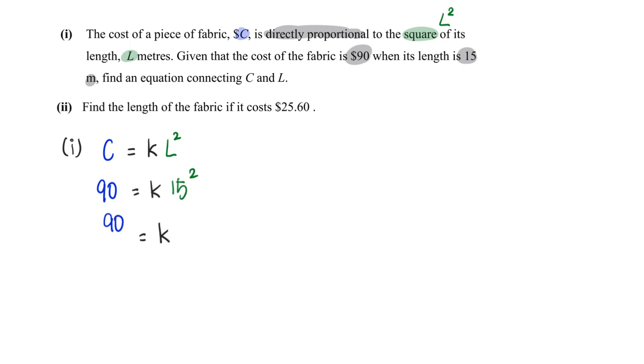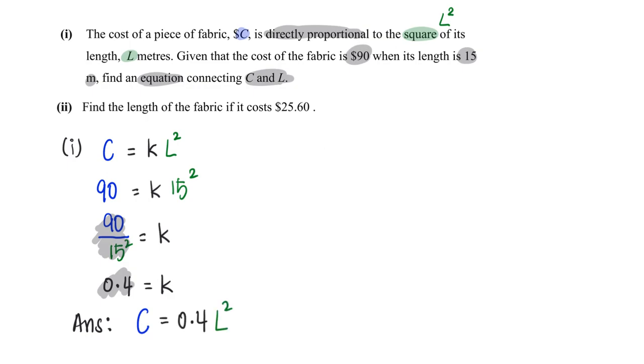It is just 90 divided by 15 square, and that will give me 0.4. And therefore, part 1 is done, because the equation connecting C and L is C equals 0.4 times L square.